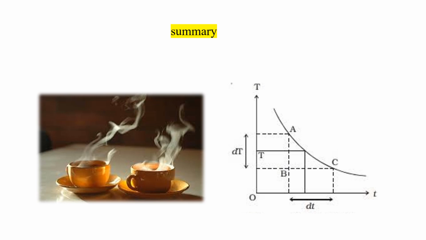The heat is to be lost by convection and radiation, not by radiation alone. The coffee cup is a very good example of Newton's law of cooling. At a particular time it comes to room temperature.